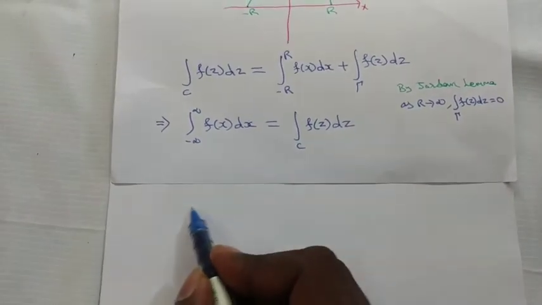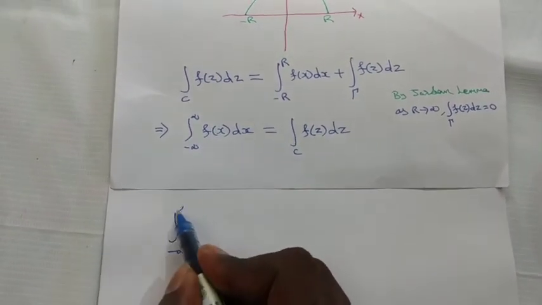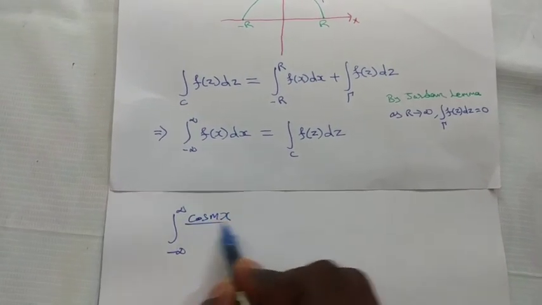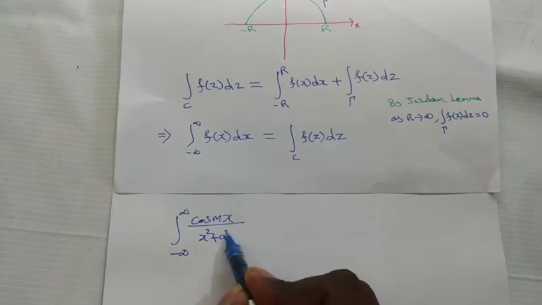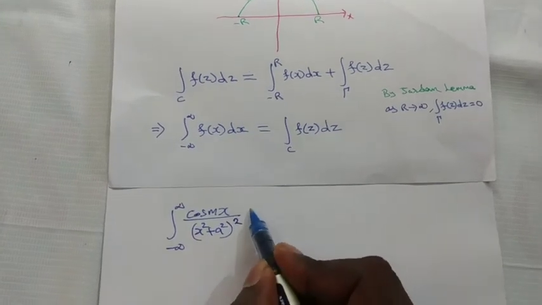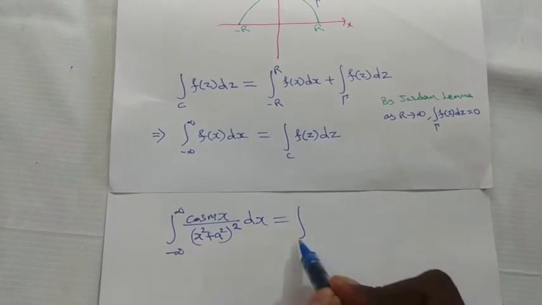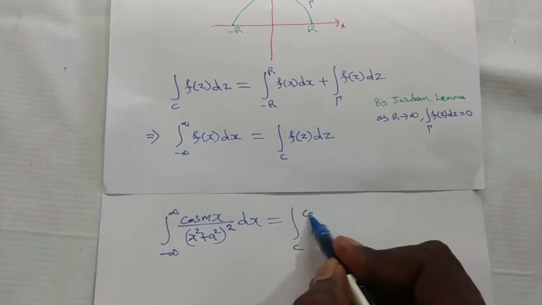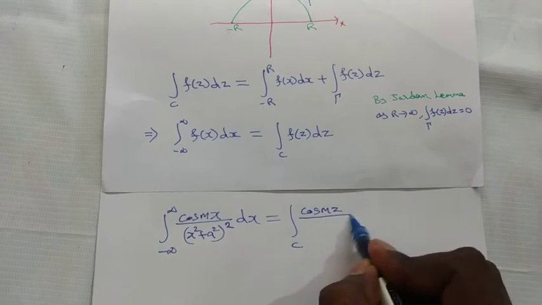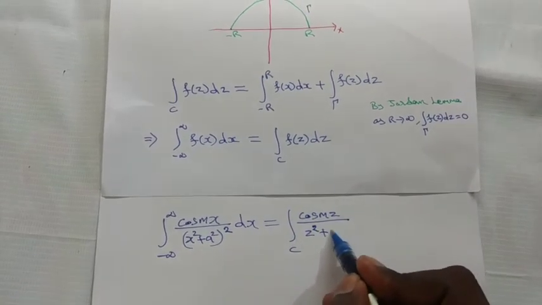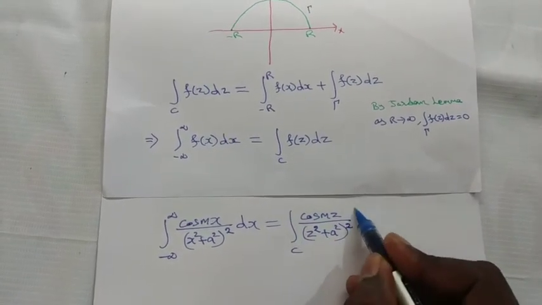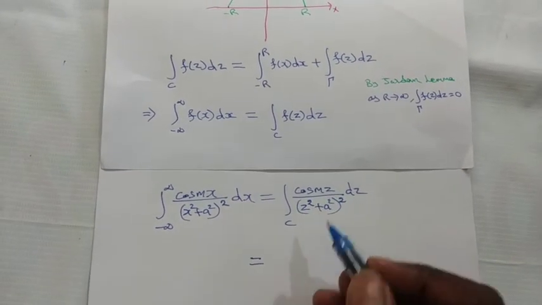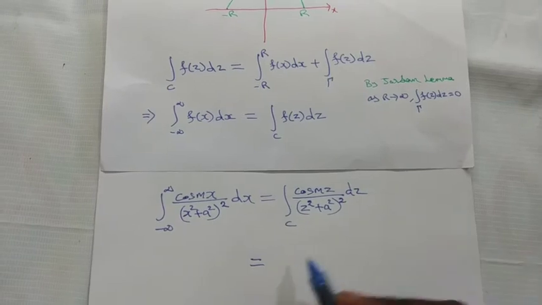Here the integral from minus infinity to plus infinity of the given function f of x, cos mx by (x square plus a square) the whole square dx, is equal to the integral over C of f of z, converted in terms of z: cos mz divided by (z square plus a square) the whole square dz. Now cos mz is the real part of e power i mz.